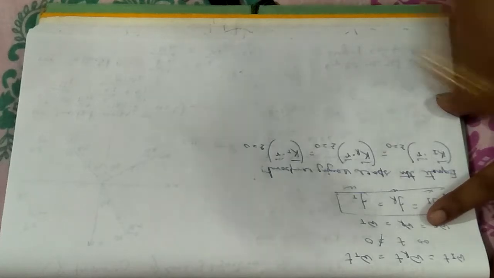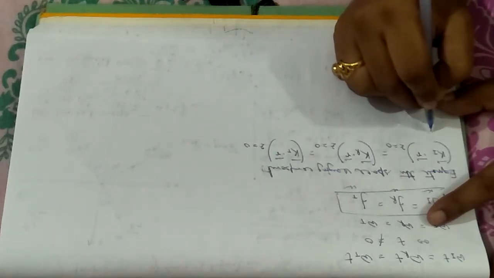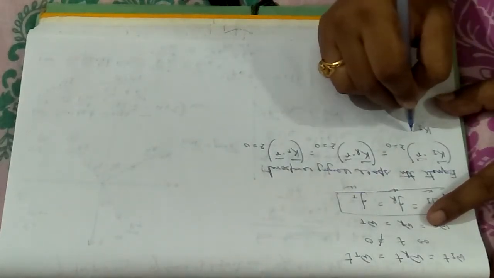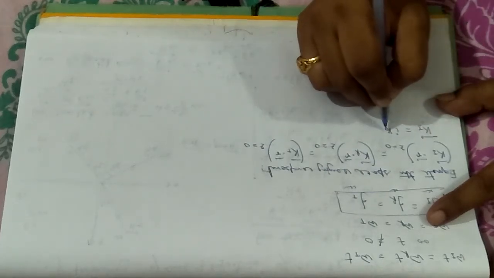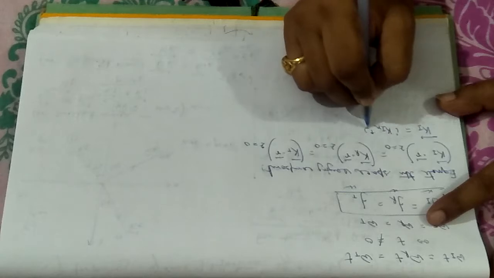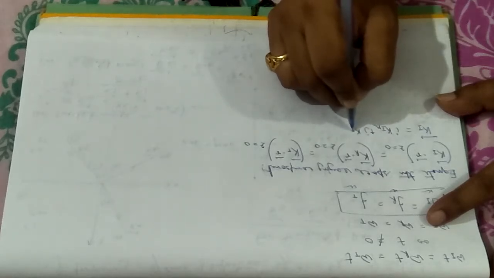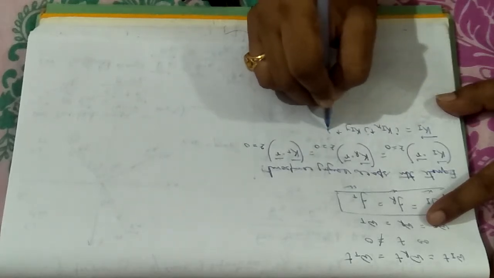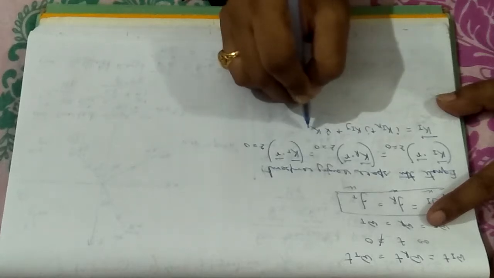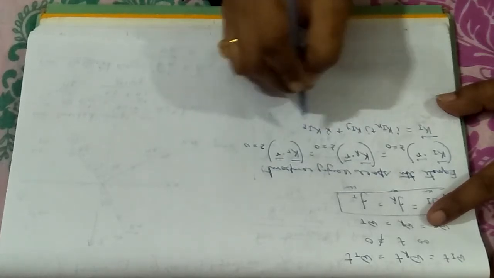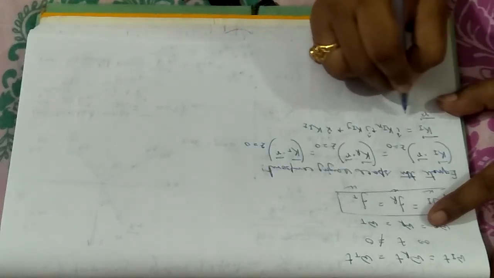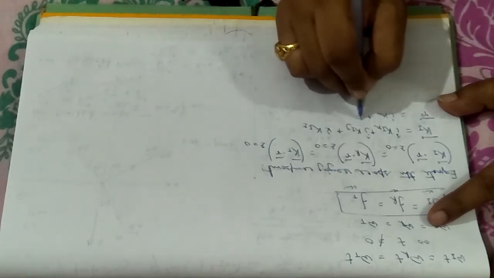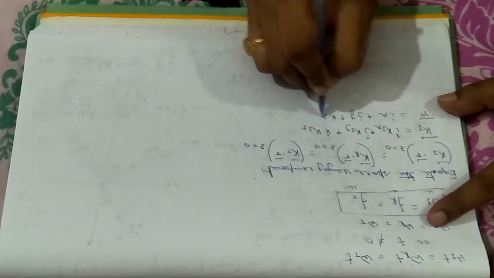Now for the first one I am considering, vector k_I can be written as i k_Ix plus j k_Iy plus k k_Iz. These are the unit vectors i, j, k, and r can be written as ix plus jy plus kz.